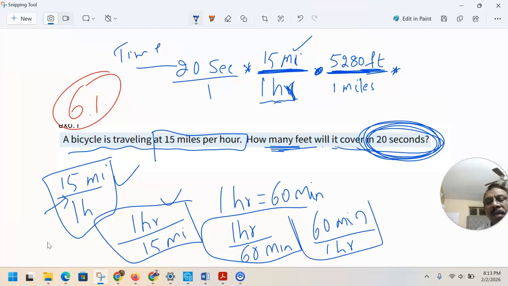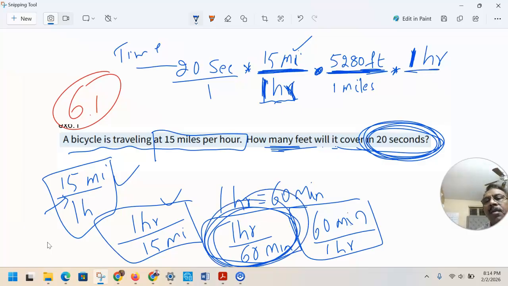Both are the same, so it depends on what you are asked. Because there is a 1 hour here, I'm going to put 1 hour up here. Our goal is to cross out this 1 hour and this 1 hour. This is the piece we will copy and paste here, so this will be 60 minutes.